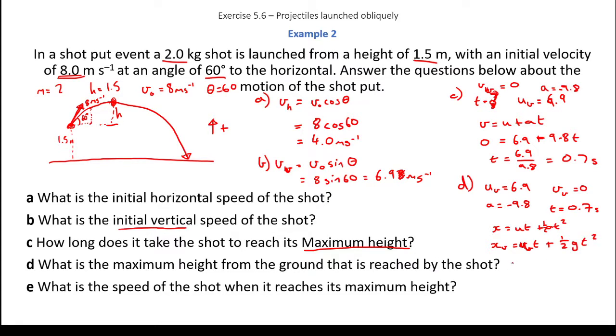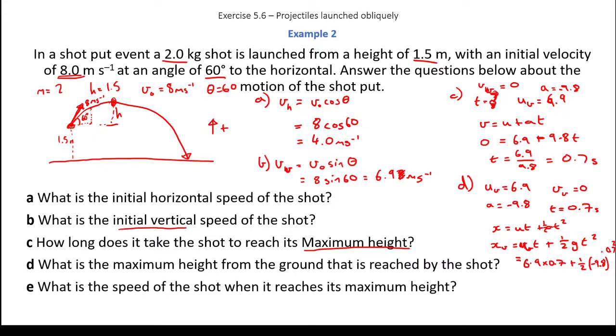So let's substitute all this in. We get 6.9 by 0.7 plus half by negative 9.8 by 0.7 squared.